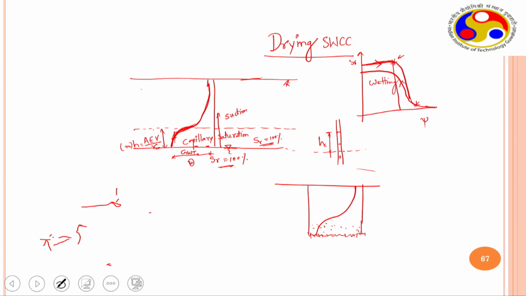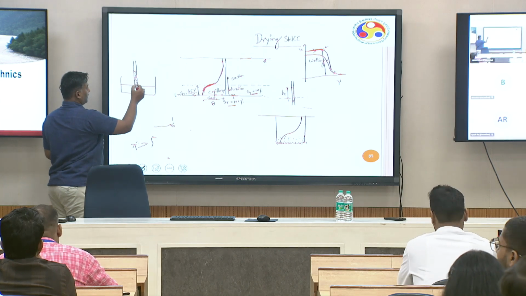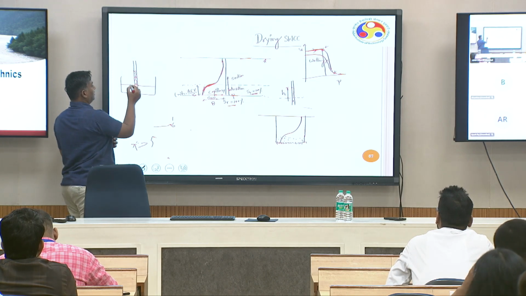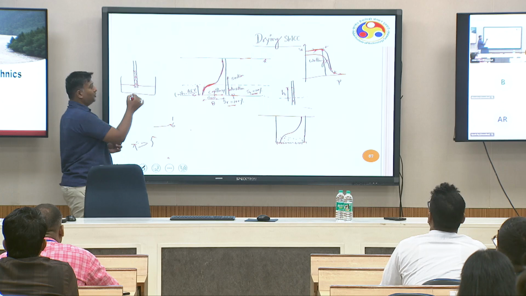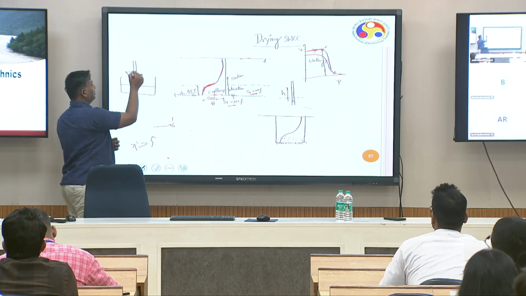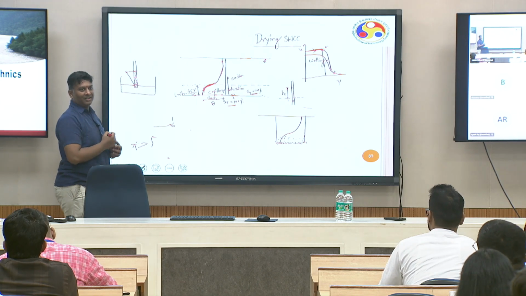Just like when you take a beaker of water and insert a capillary in it, so you have a capillary rise. So this is the water in the capillary. So this is a point where you have the zero potential and the potential is decreasing continuously, right?